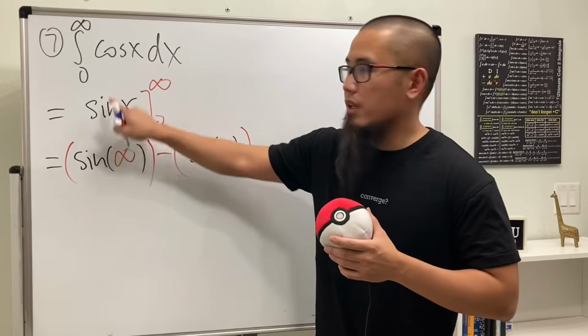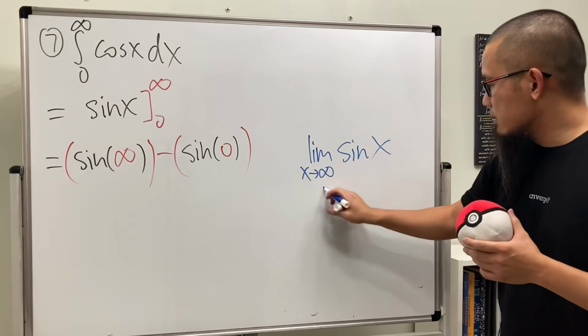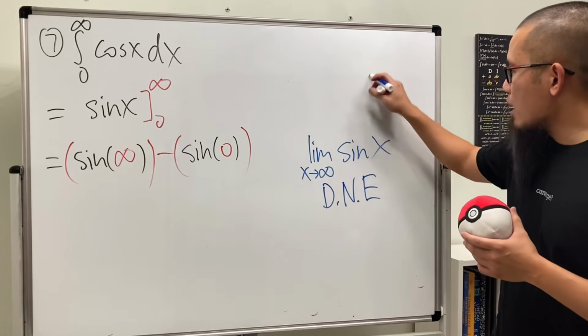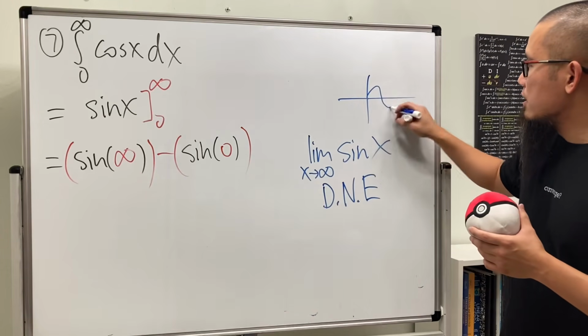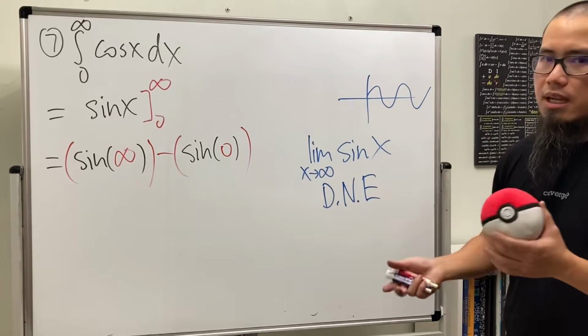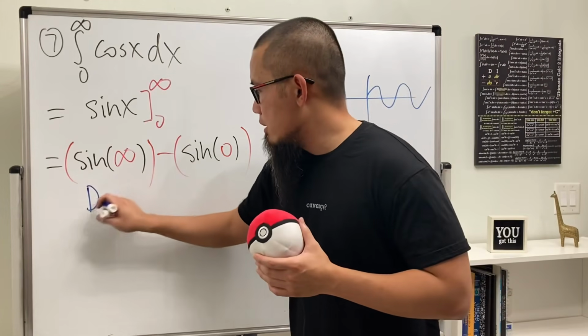Because we are doing that to here, not to this. This right here does not exist. Why? Because look at the graph. Sine x looks like this. As x goes to infinity, the y does not approach a number. So this right here is DNE.